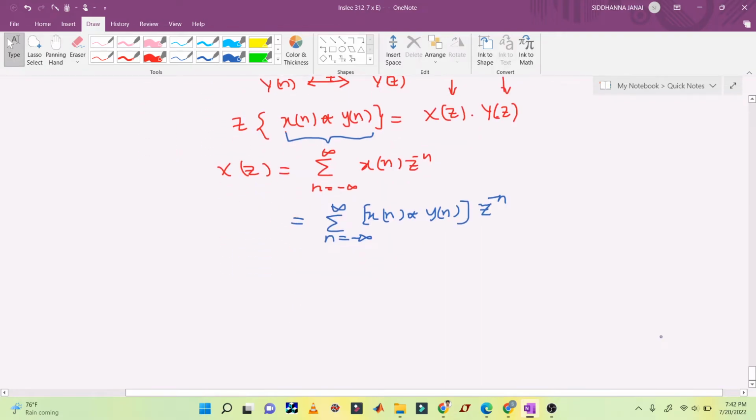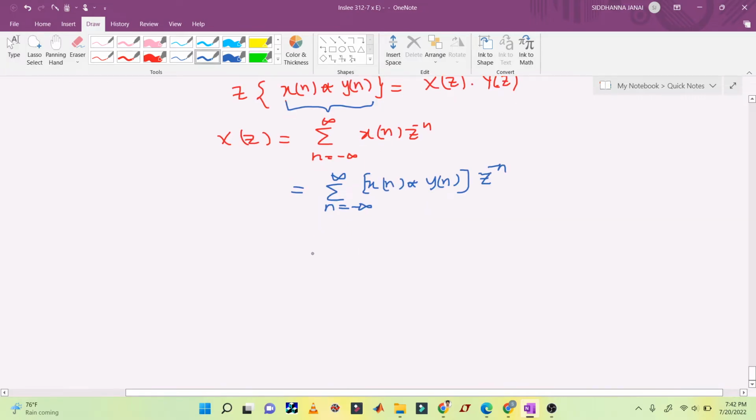Now you look at this equation. What is convolution equation? Let me know, anyone, what is convolution equation? X of n convolution y of n is equal to summation k is equal to minus infinity to plus infinity x of k y of n minus k into z power minus n. Correct? This is what we are going to do.